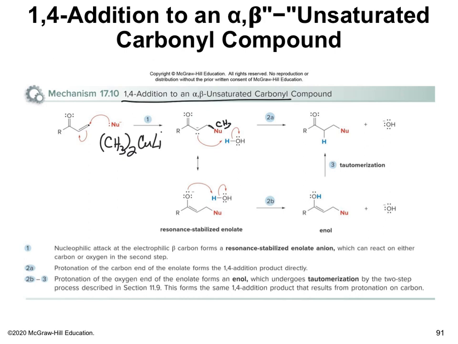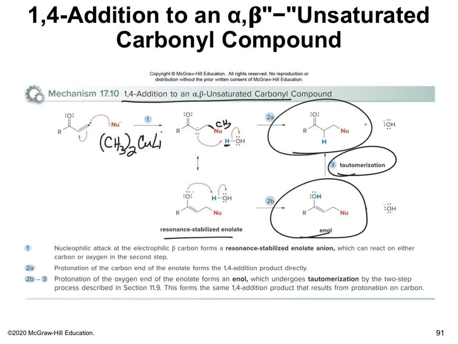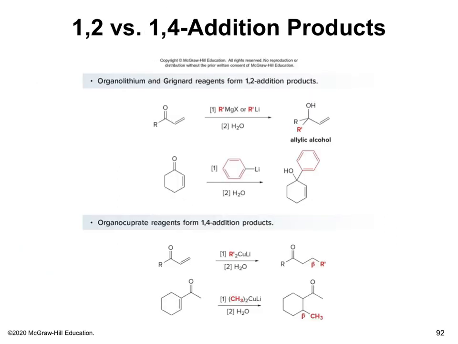And this proton, you can do it this way where the proton picks up here, or you can see that that's an enol, and the enols tautomerize to the ketone. So 1,2 versus 1,4 is showing you that the organometallics, organolithium, undergo 1,2 addition.